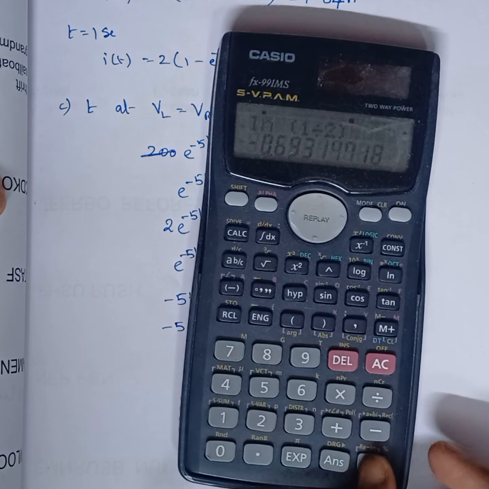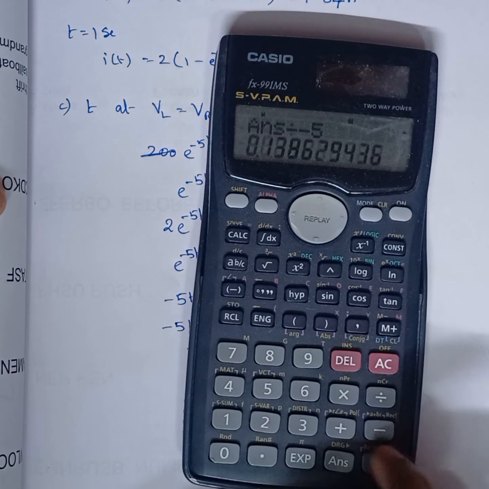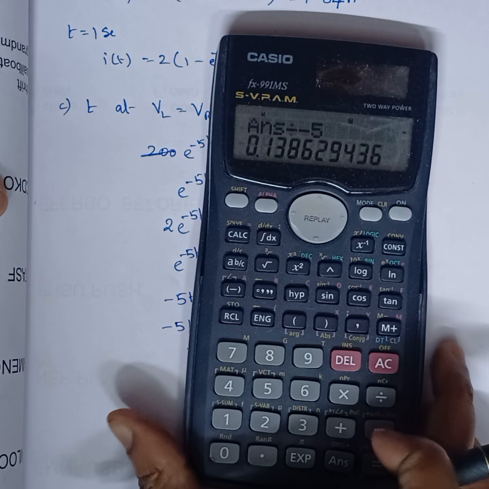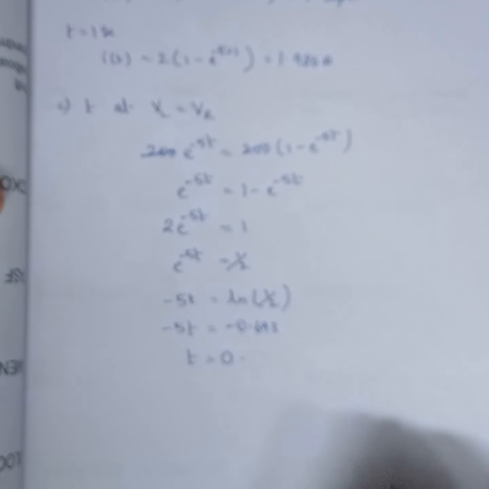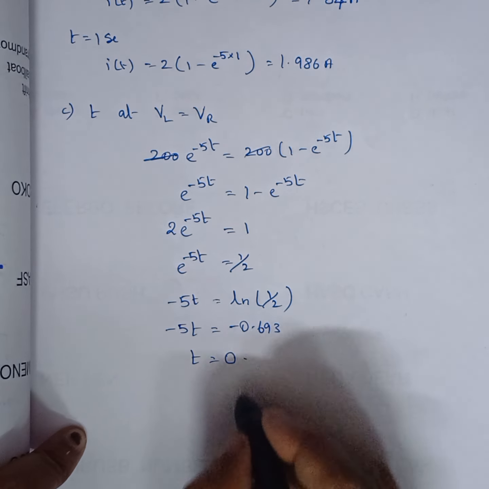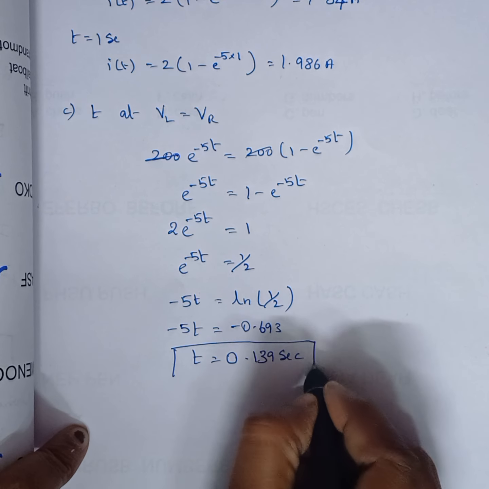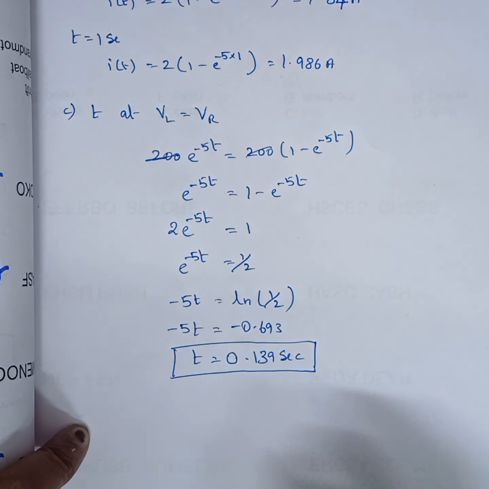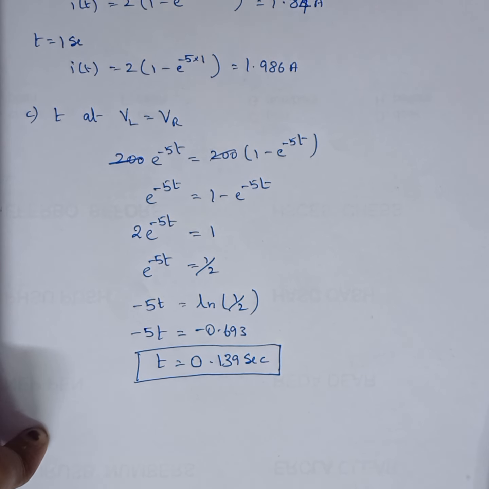So I'll put the same answer divided by minus 5. So I'll get 0.139, correct? So t is equal to 0.139 second. Okay, so at this time the voltage across the inductor and the resistor will be the same.